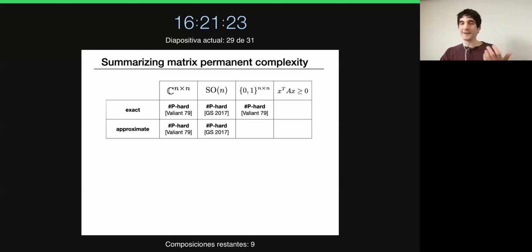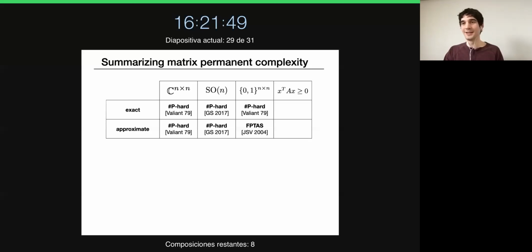Earlier I also mentioned that even computing the permanent of a 0-1 valued matrix is Sharp-P hard to compute exactly. But probably a lot of you know the punchline here, which is that if you want to multiplicatively approximate the permanent of a non-negative matrix, then there's a beautiful polynomial time approximation scheme which will do this.